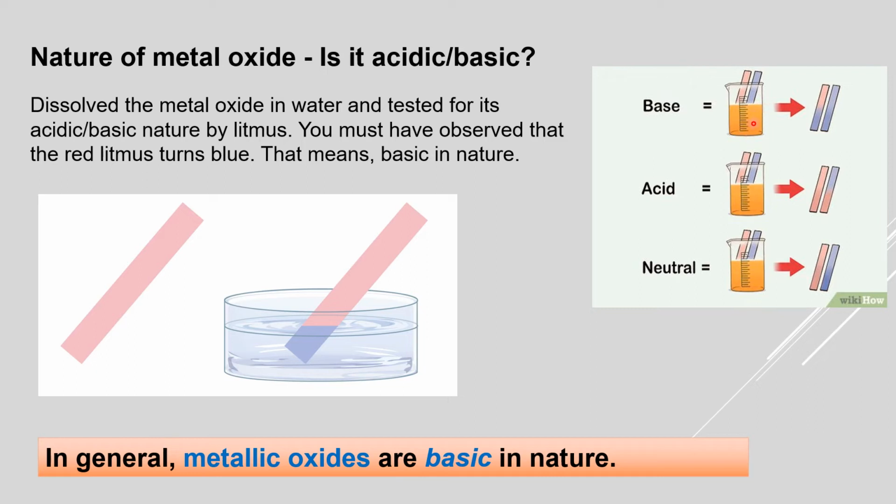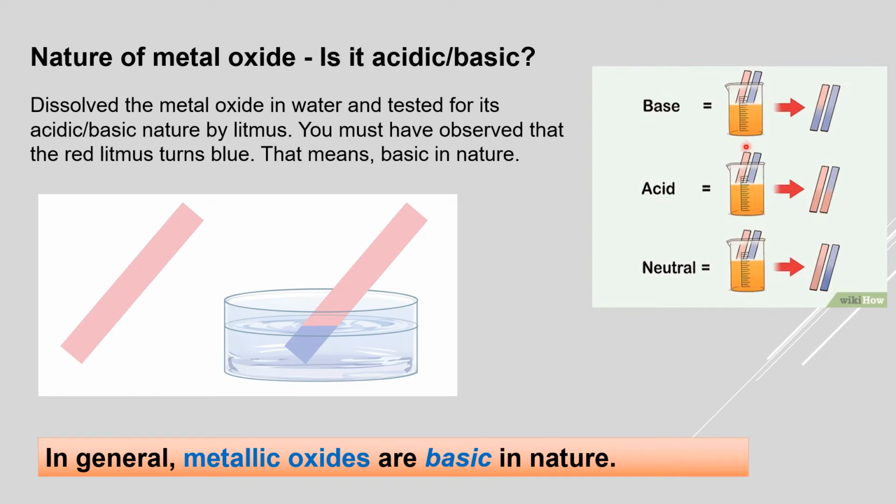When we dip the red and blue papers inside, what will happen to the red paper? Red litmus paper changed to blue. But the blue paper doesn't have any change. So keep that in your mind. The red litmus paper changes to blue when dipped in a base, but blue litmus paper doesn't change in a base.